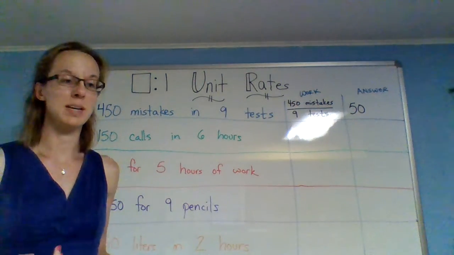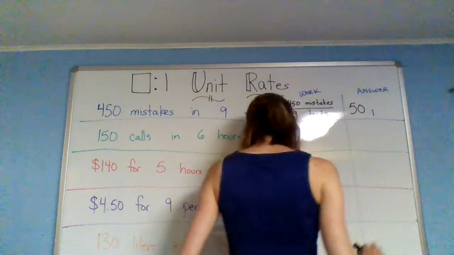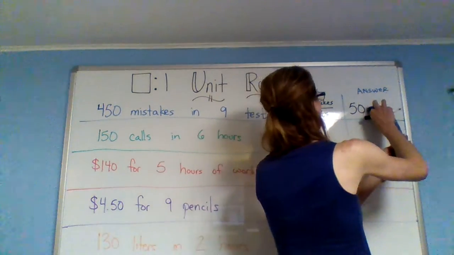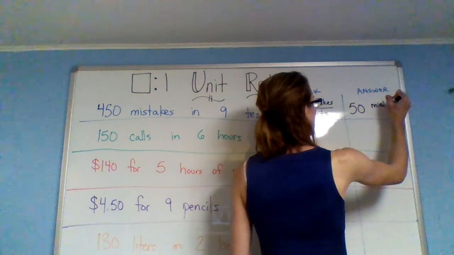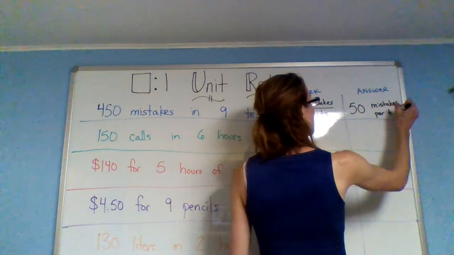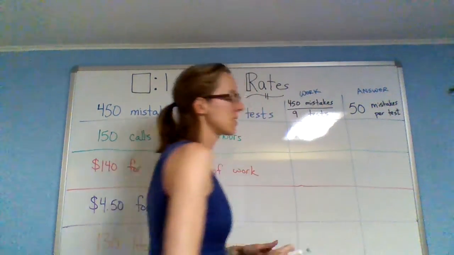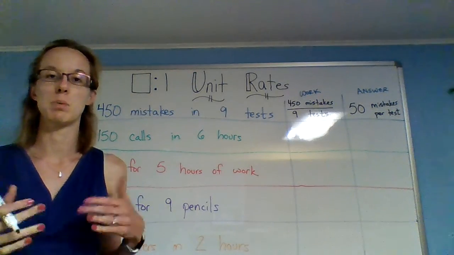And then our unit is going to be per test. So 50 mistakes per test, or per one test. But if we just say per test, it's assumed to be one test.